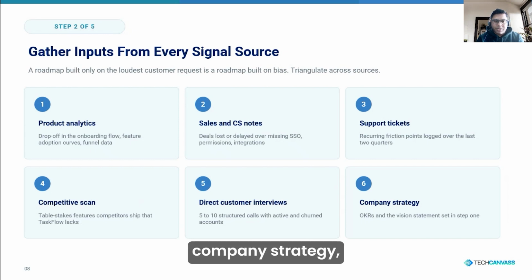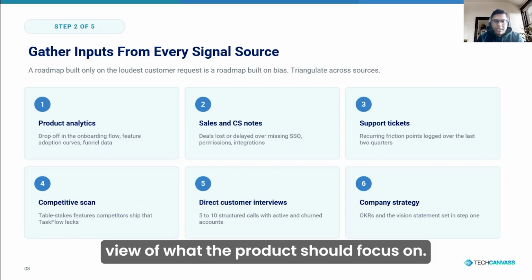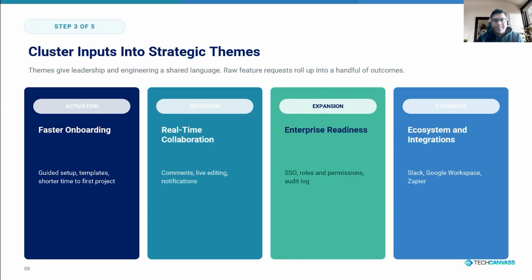And finally, company strategy, which connects these inputs back to the vision and OKRs we defined earlier. The important point is that no single source tells the complete story. By triangulating all 6, we will get a much more reliable view of what the product should focus on.